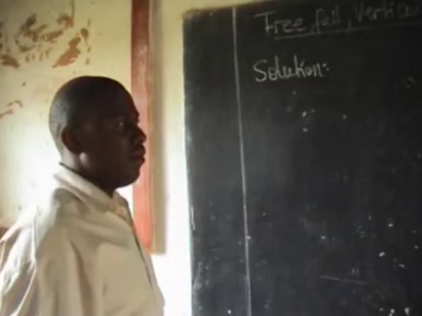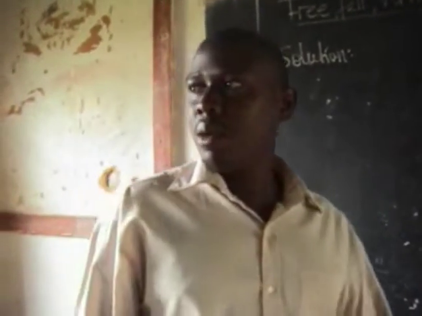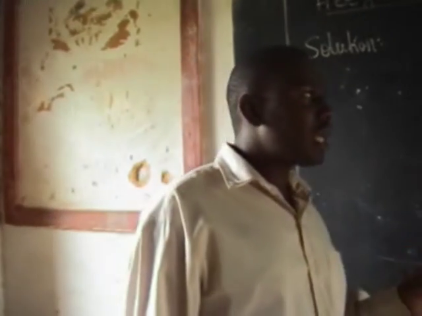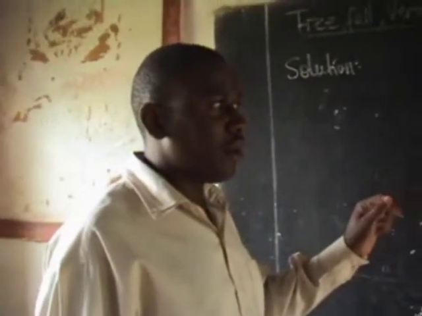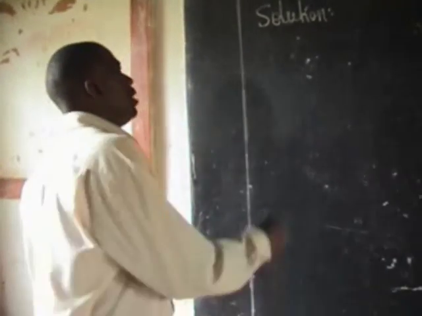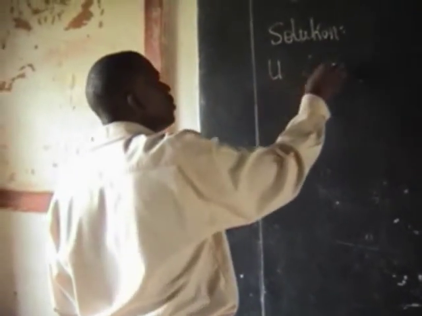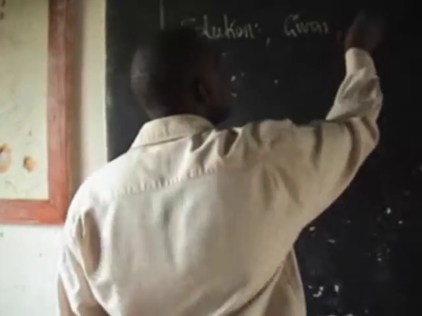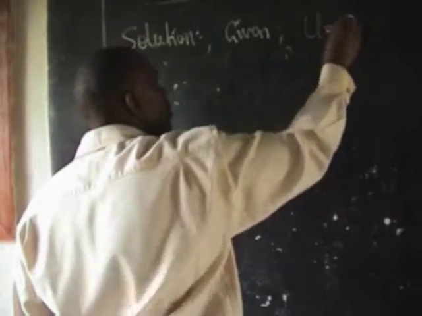Whenever you are given a question, you have to first read through and understand it properly. So in this case, if a body is dropped from an altitude, it means that its initial velocity is 0. So you shall write the information given. U is equal to 0.